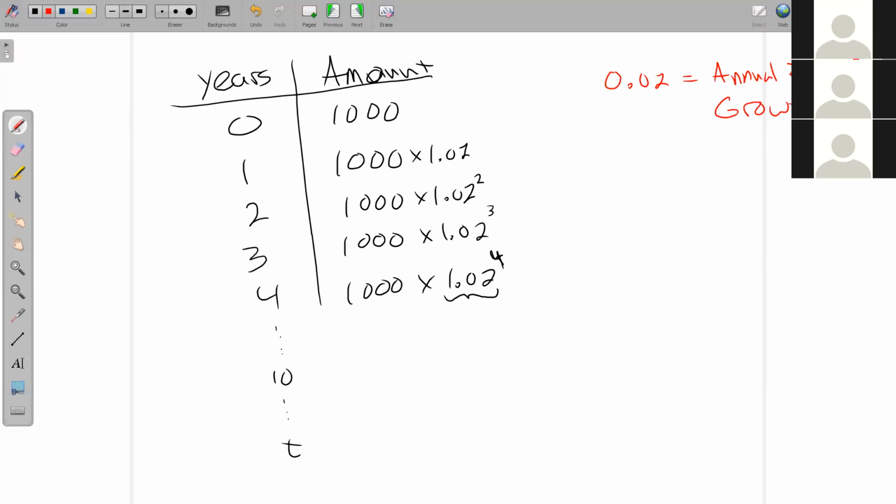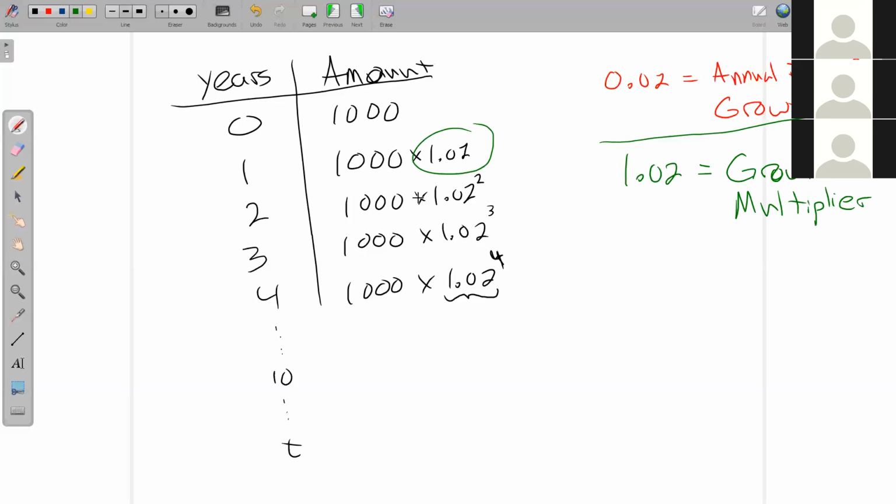My money is growing, and this is the rate of its growth right there. When we put it together with a 1 like that, so 1.02, this is what's called a growth multiplier. And it's that repeated multiplication by the same number that lets us use an exponent.